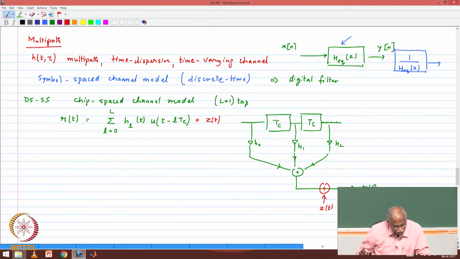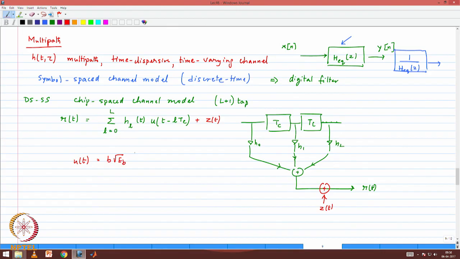So the expression for u of t is b times root Eb times g of t, the pulse shape, and g of t is the spread sequence, the summation from q equals 0 through Q minus 1 of c of q times the chip waveform gc of t minus qTc. Okay, please note these expressions.